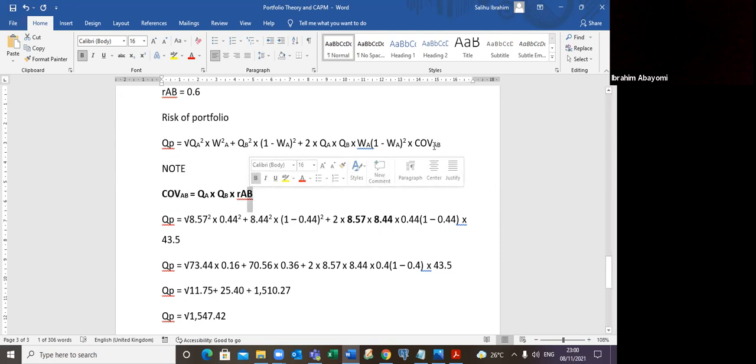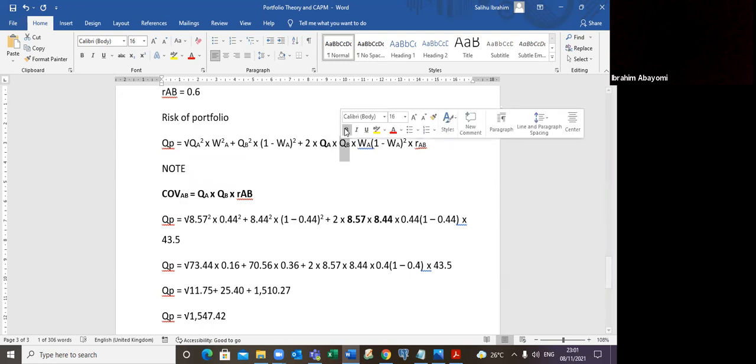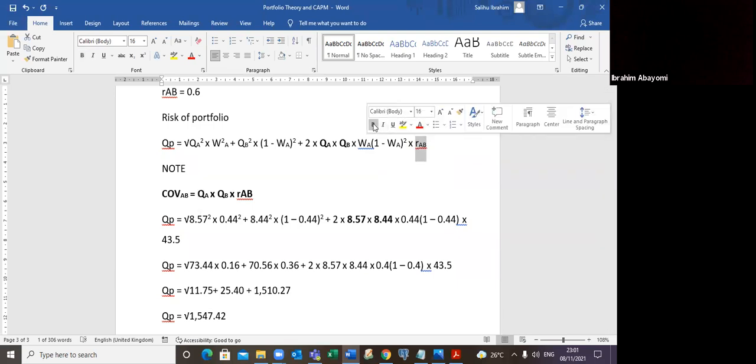So this is what I'm using. I know that figure is so high. I'm supposed to use correlation because I already have standard deviation of A here and standard deviation of B here. The moment I introduce correlation, it means I already have covariance.